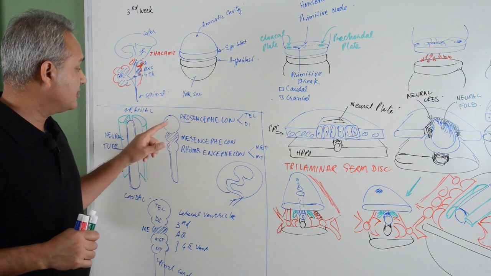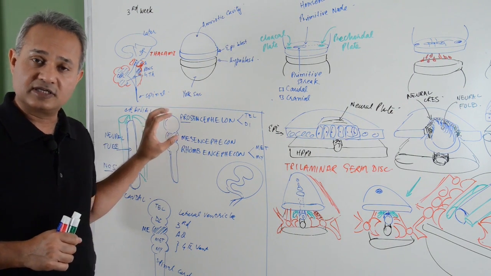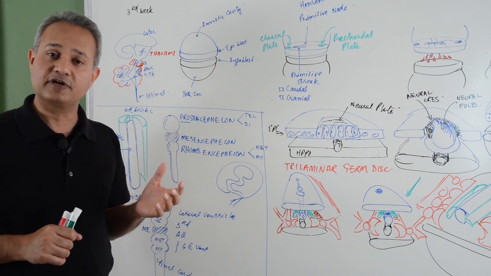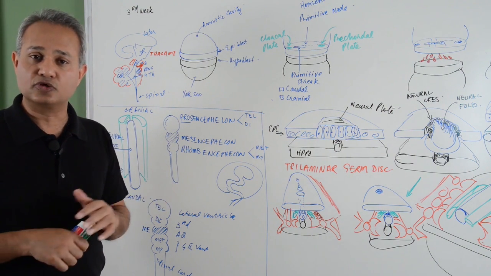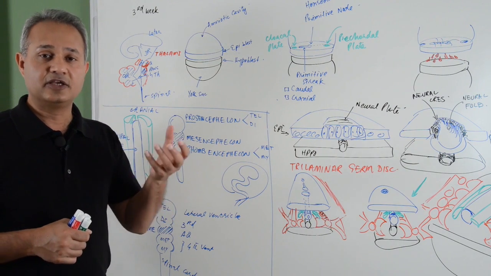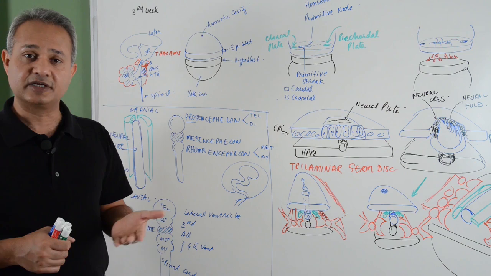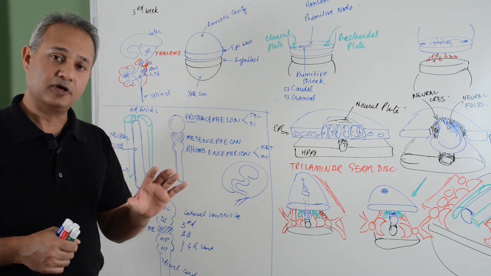Of course, if the cranial neuropore does not close, these structures would not start forming and anencephaly would appear, in which case there is no brain present. Again, if any neuropore is open, it can be detected by increased AFP and increased acetylcholinesterase in the amniotic cavity.